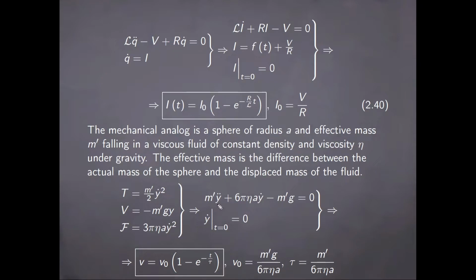But obviously, if we seek a solution of the same form and use the initial condition of the particle being at rest at t equals 0, then we obtain a formally analogous solution in terms of a steady state velocity v0 and the logarithmic decrement, if you want, tau, given by the ratio here.